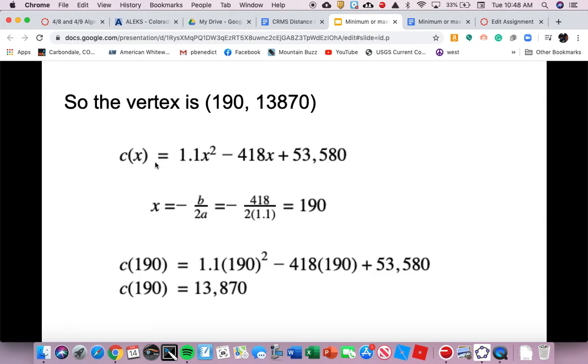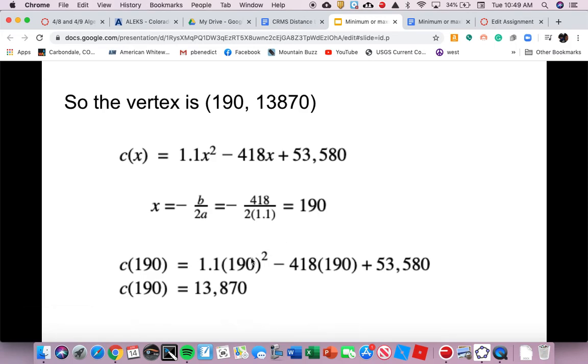So I'm going to take this equation, 1.1x squared minus 418x plus 53,580, and I'm going to plug in my b value, which is negative 418, over 2 times 1.1. I'll put a negative sign in there, and it'll come out being 190.